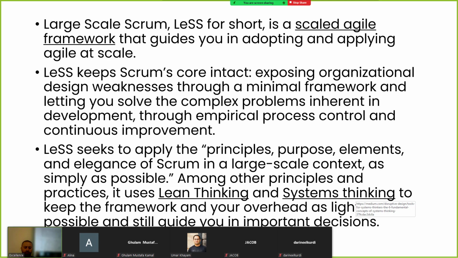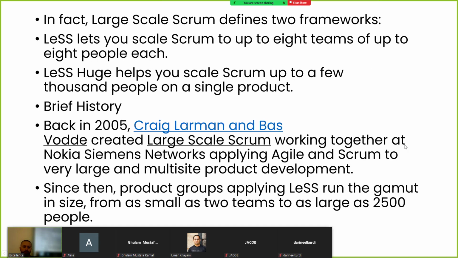LeSS seeks to apply the principles, purpose, elements, and elegance of Scrum in a large scale context as simply as possible. Among other principles and practices, it uses lean thinking and systems thinking to keep the framework and your overhead as light as possible, and still guides you in important decisions.